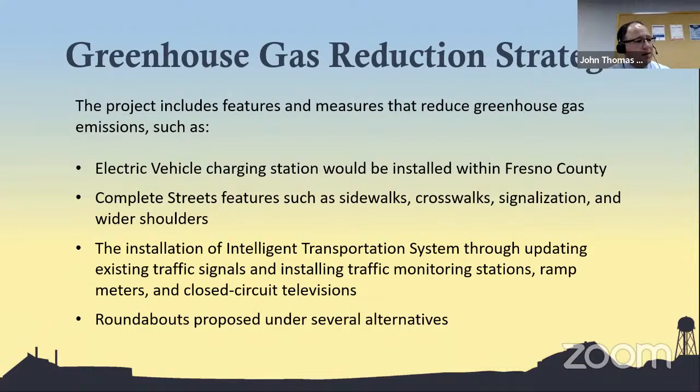There are ITS elements there, the Intelligent Transportation System, that's basically synchronizing all the lights on the ramps and around the project so that there's less idling for cars, so that we're keeping those vehicles moving faster instead of polluting in that area. It makes them more efficient. And then the last item there, we are looking at roundabouts, specifically at American Avenue. And again, that will keep vehicles moving and not idling in one place.